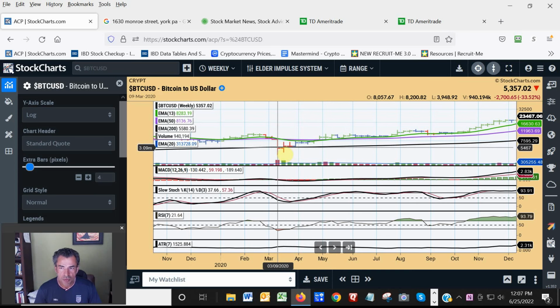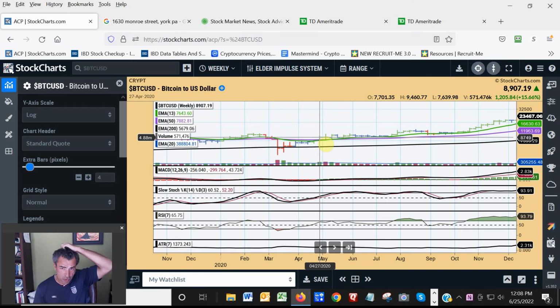So we're looking for when it closes above 8,200, and I believe that's right here. So here is when it actually closed above 8,200. That right there was basically your buy signal.